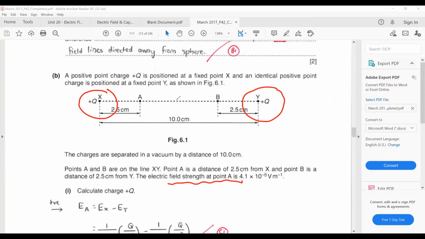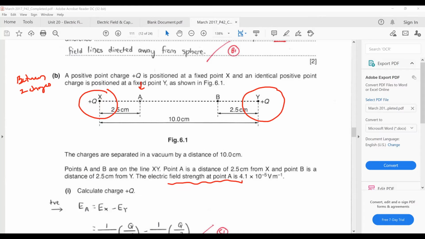So now they tell you that the electric field strength at point A is 4.1 times 10 power minus 5 volt per meter. And then they ask you to calculate the magnitude of charge Q. So this one here is a case between two charges. You will have to realize that whatever property you have here is due to the combined effect of this and this together.